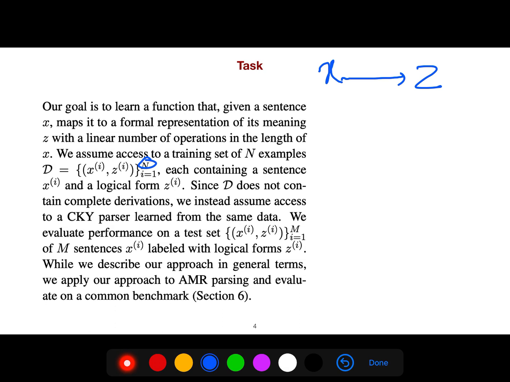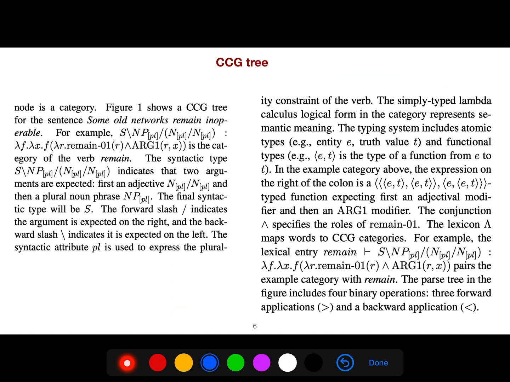We apply the abstract meaning representation. This is a kind of formalism, just like lambda calculus, AMR, discourse representation structure. So there are many formalisms to represent it. You can represent it in SQL if you're working in a relational database, you can represent it with SPARQL if you're working with knowledge databases. So there are many ways.